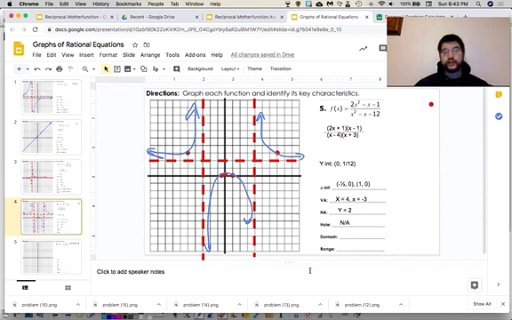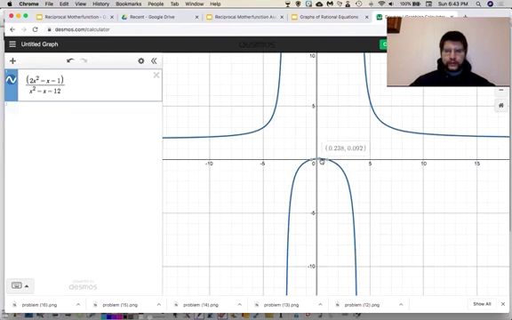Domain and range. So now we can actually do that. Definitely need Desmos for this. So we need this point right here. 0.238, 0.092.